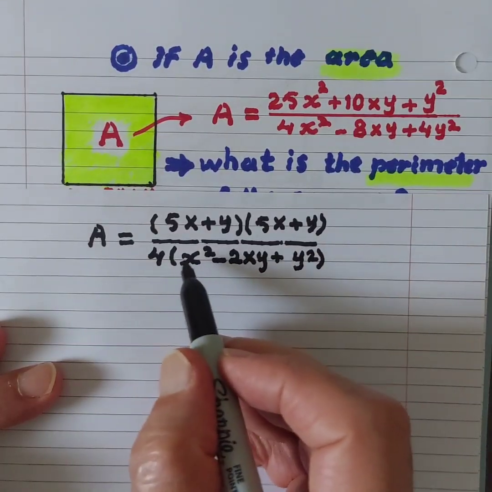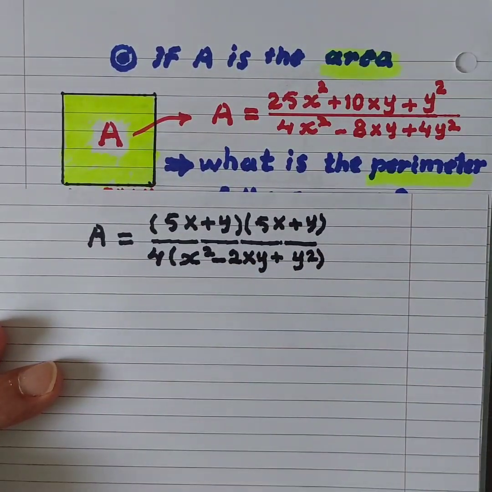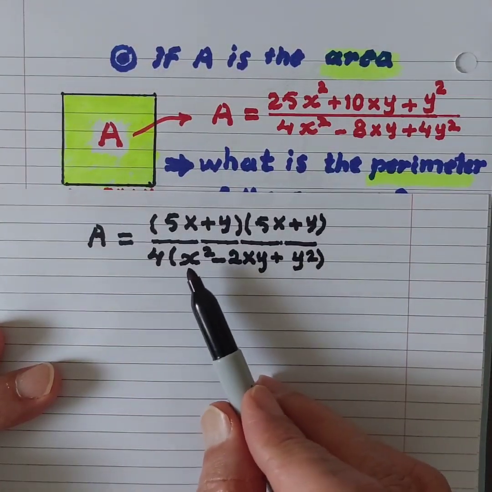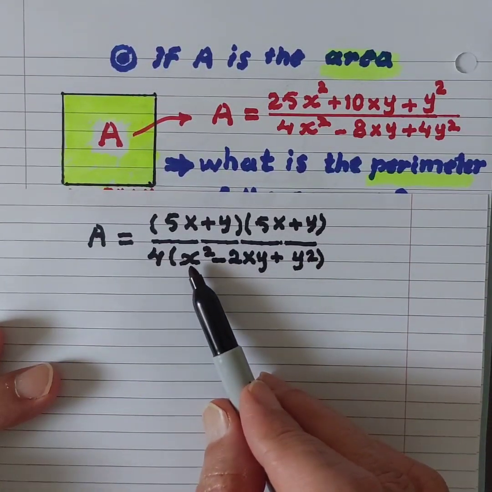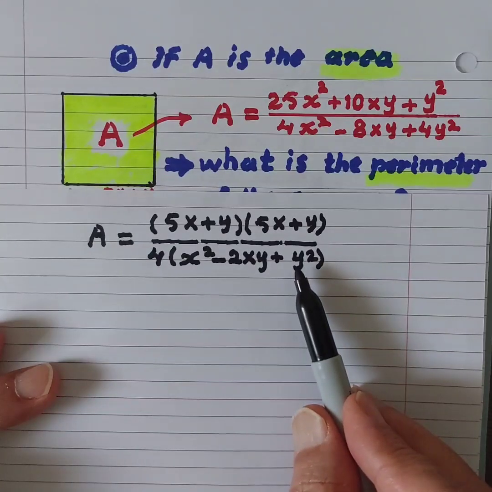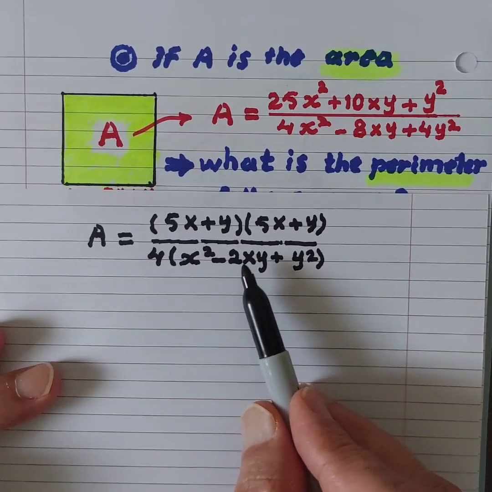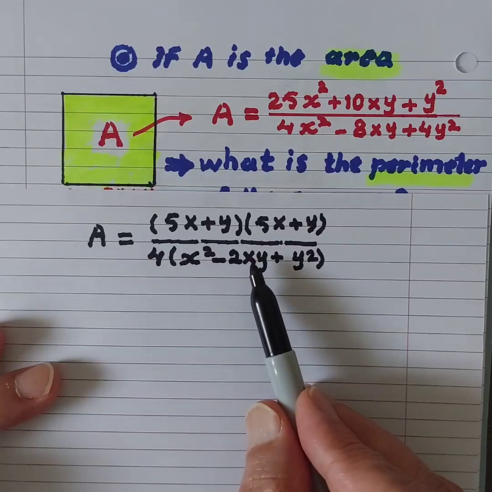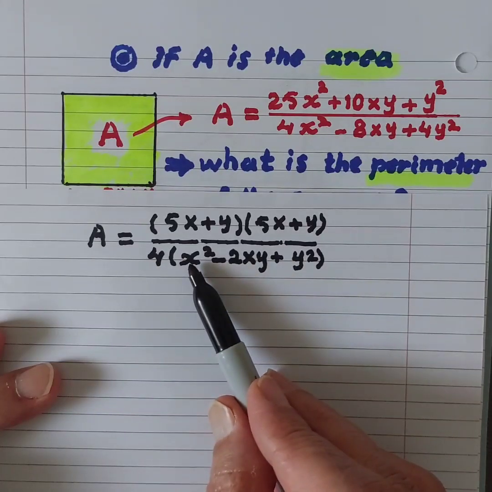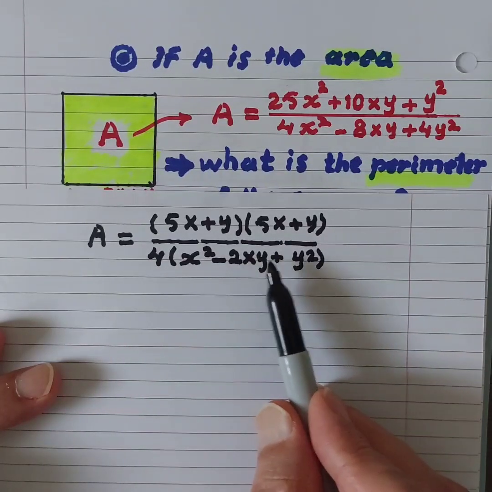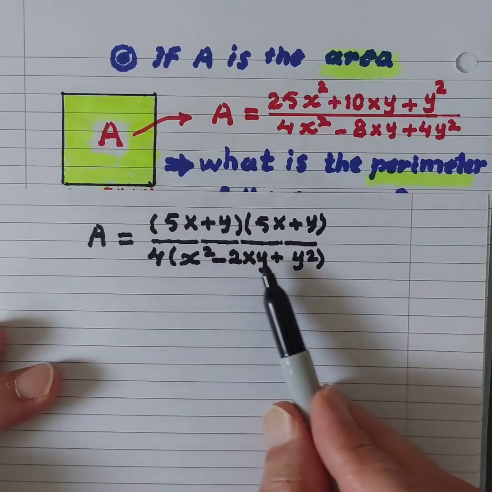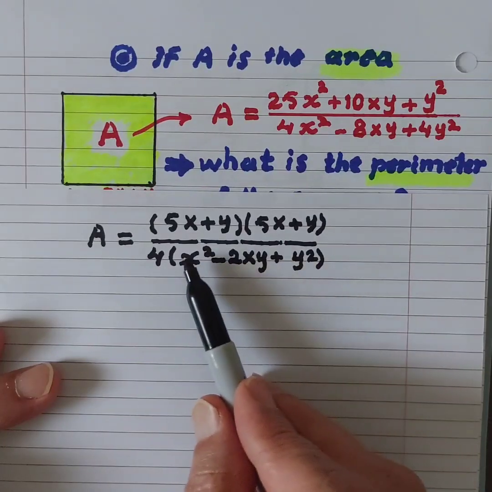Also, this can be factorized. This is a square of x, this is a square of y, and the middle term here is the product of 2 times x times y. That means this is a perfect square.